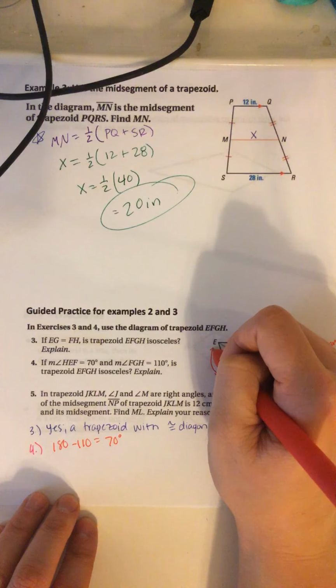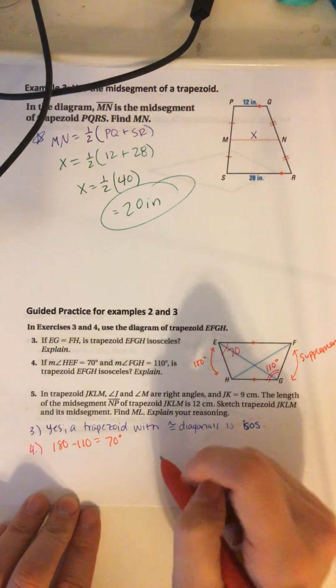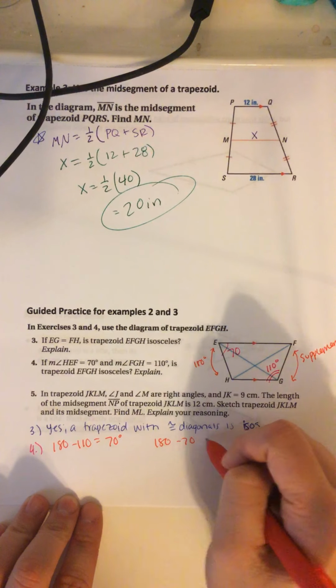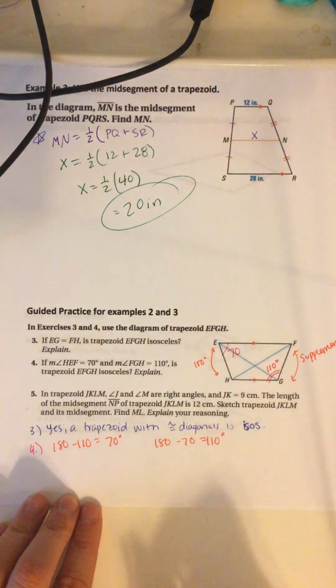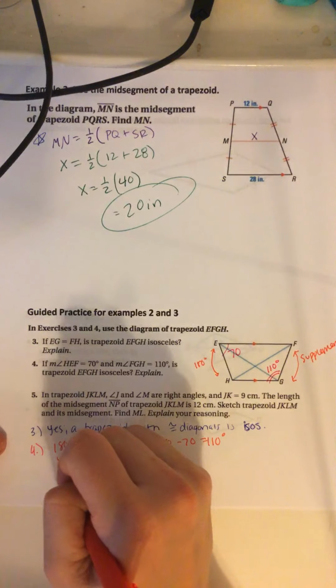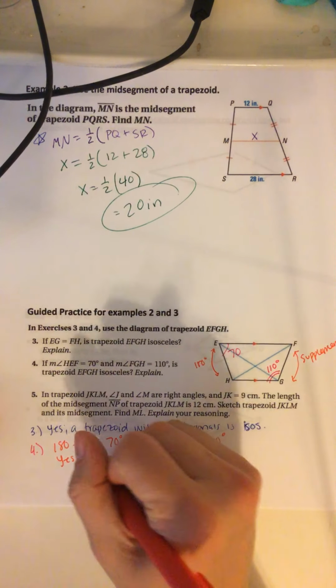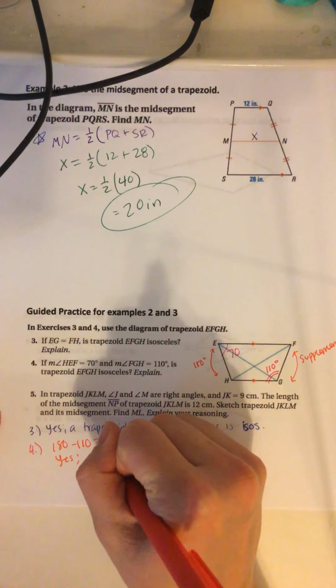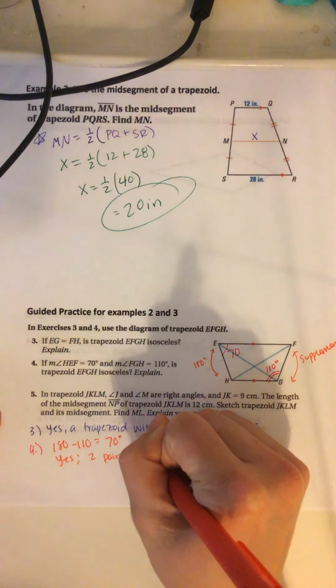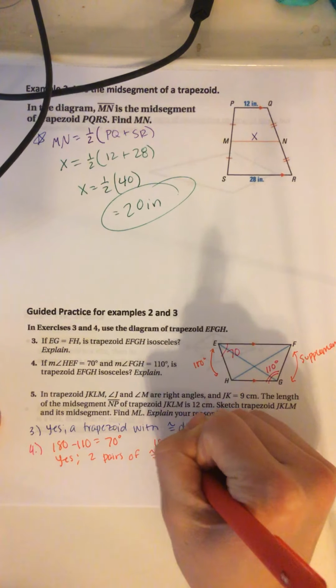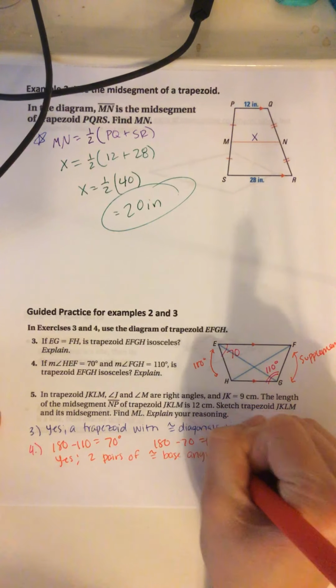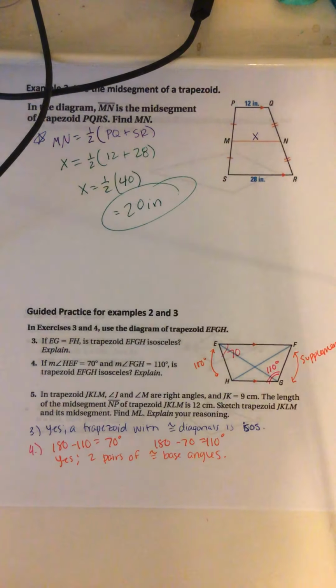Well, if I do the same thing over here and do 180 minus 70, I get 110. So yeah, it is an isosceles trapezoid because it has two pairs of congruent base angles. And again, that's just using those theorems at the beginning and then using that fact that we know they're supplementary.